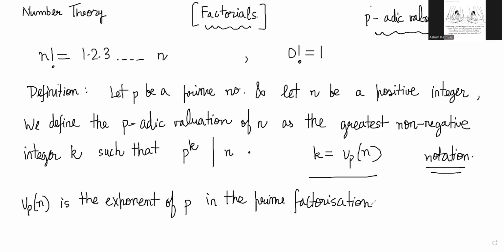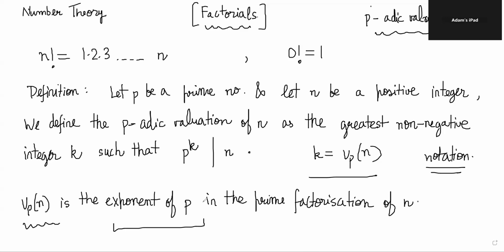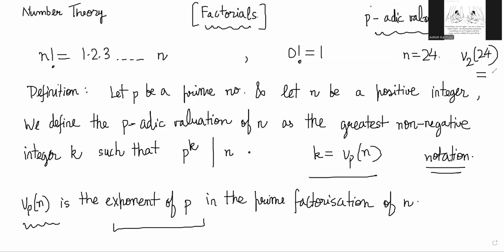Do you understand what I'm saying? Yeah. So basically, it's the highest power of a prime number that appears in that number n, right? So if n is 24, v_2(24) will be what? 3, because it is 8 into 3, so 2 power 3 into 3, right?